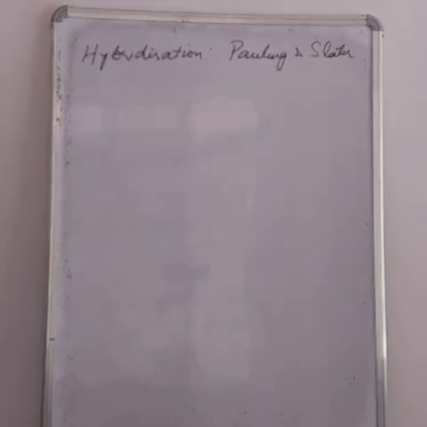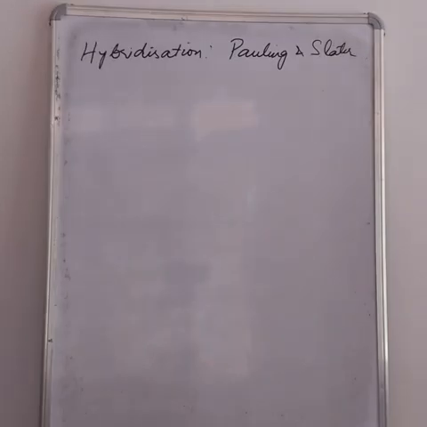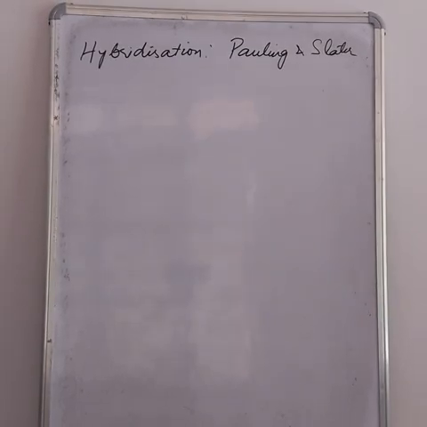Pauling was in fact the one who introduced the idea of a double helix. Of course, later on it was confirmed by Watson and Crick, but Pauling gave the concept.